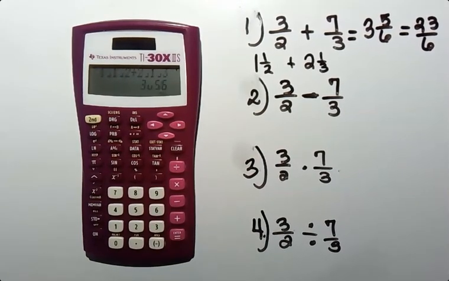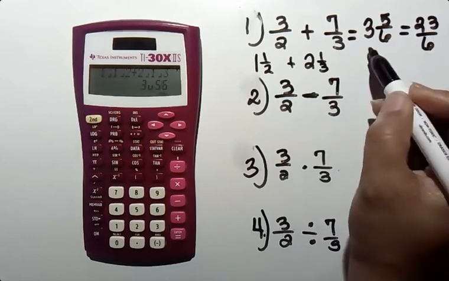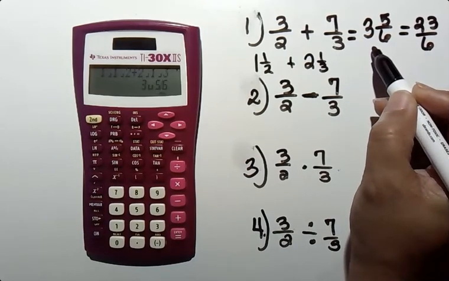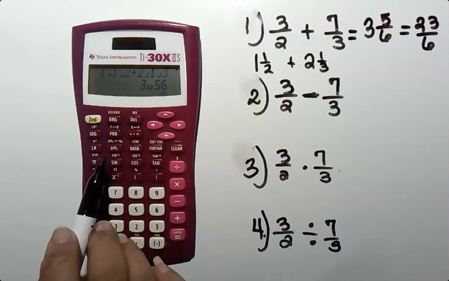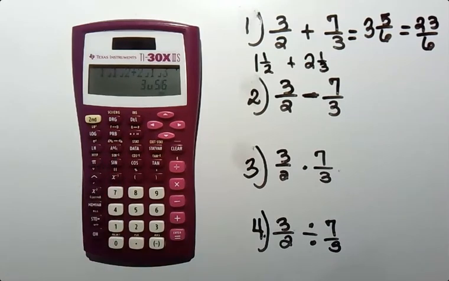And when I hit enter, it's still giving me that 3 and 5/6 that was up here. So it knows how to register and read it by using that ABC button. That's what you use to enter in fractions or mixed numbers, if you want to keep the answer as a mixed number. And then use the second ABC button to switch it out to the improper fraction.